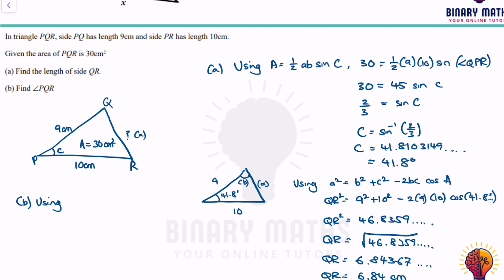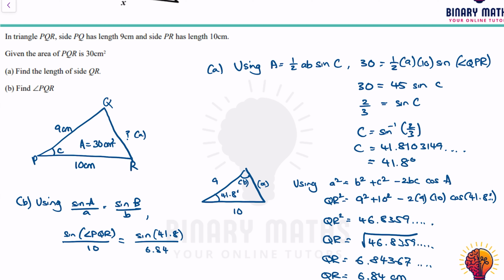So using sine A over A is equal to sine B over B, I get sine of the angle PQR over 10 is equal to sine of 41.8 over the answer that I just got, which is 6.84.